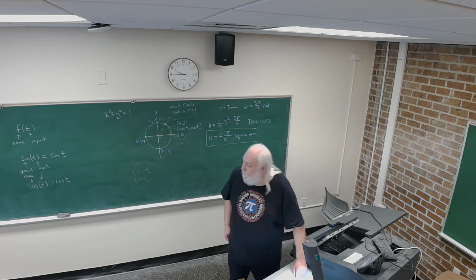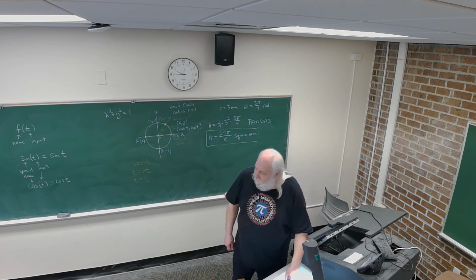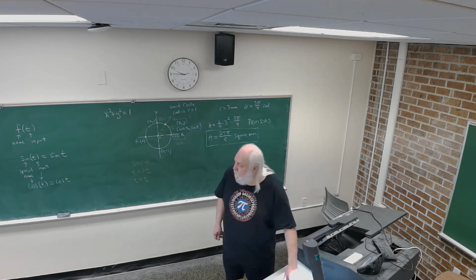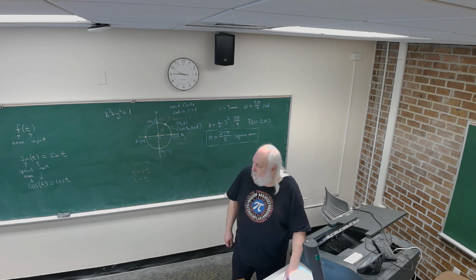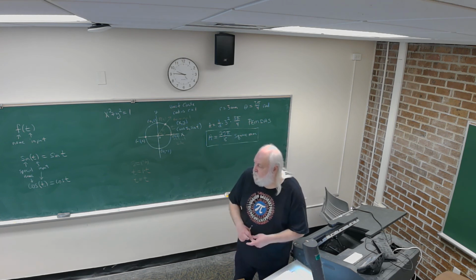So that means both cosine t and sine t have a negative value if the point P of t is in the third quadrant. And lastly, if the point P of t is in the fourth quadrant, all points in the fourth quadrant have a positive x coordinate and a negative y coordinate. So that means cosine is positive and sine is negative if P of t is in the fourth quadrant.